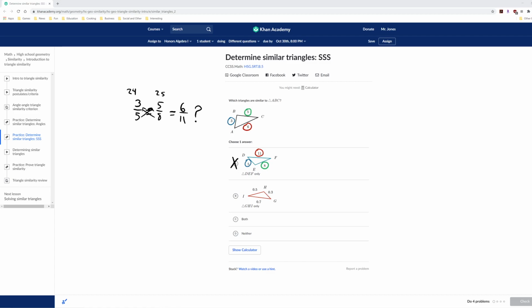So what we would do is, again, I would color code this. The smallest side is 3. The smallest side is 0.3. The medium or middle side is 5. The middle side is 0.5. And then the largest side is 6.